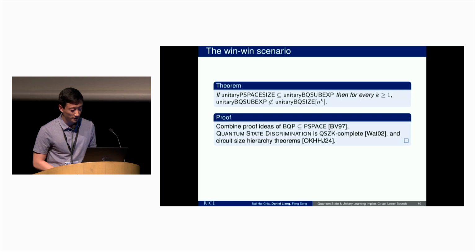The first is if we assume the following complexity theoretic result about PSPACE and sub-exponential time quantum computation, then we get the following result about BQ-sub-exp and quantum circuits of bounded polynomial size. And this actually combines a bunch of different classical and quantum results. It's basically a quantum circuit diagonalization theorem, or hierarchy theorem rather. And the state version follows.